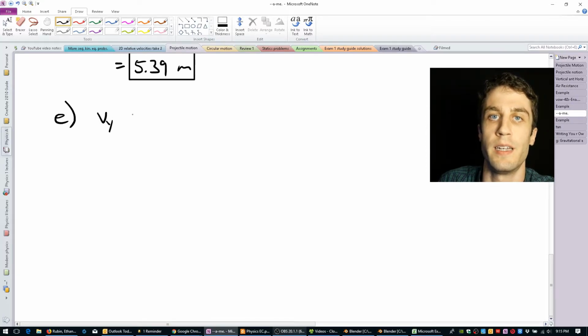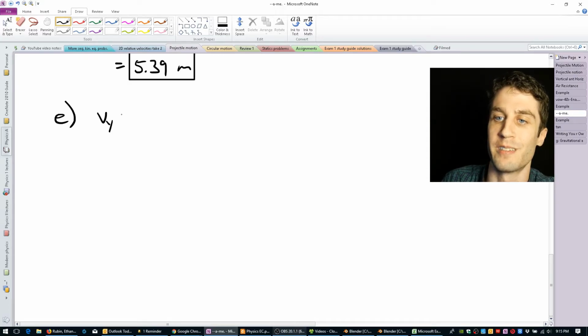This is not V naught y, but the final y component of the velocity at some later time. And what we have are the gravitational acceleration g and the initial y component and time. And so which equation are we going to use? Which kinematic equation will we use? We'll use this one: Vy equals negative g t plus v naught y.